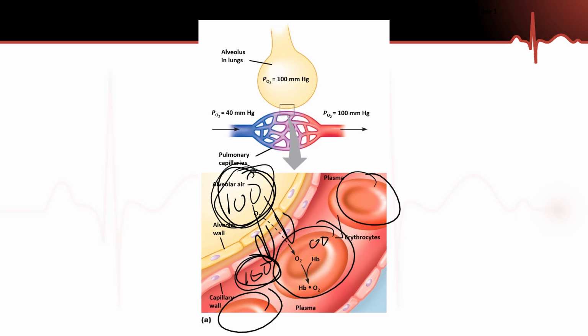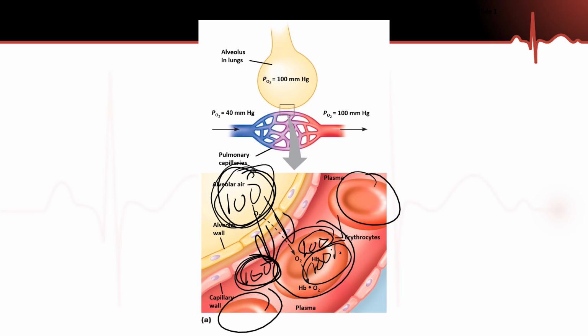And if we can drive the partial pressure of oxygen within the blood plasma, and thus the intracellular fluid of the red blood cells, up to 100 millimeters of mercury, then all of the hemoglobin proteins within all of these different red blood cells within the blood that's traveling past the alveoli will conformationally shift and increase their affinity for oxygen, and they will all then bind oxygen at 100%. Right? They'll all become 100% saturated with oxygen.